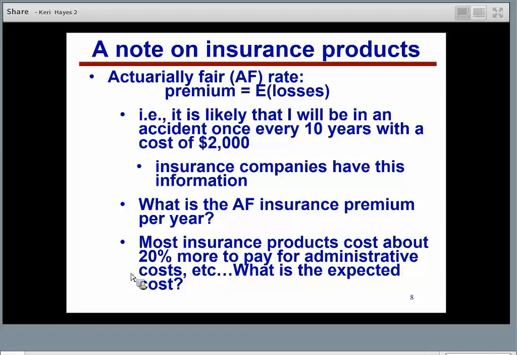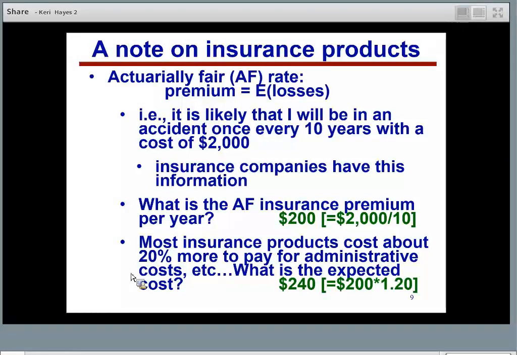And so if we just work these out here, we can see what the actuarially fair rate is in this instance is $200. So that means if the insurance company charged you $200 per year, at the end of 10 years, you would pay $2,000 to them, and then at some point over the next 10 years, they would pay you $2,000, right? So you would basically be even Steven here, right?